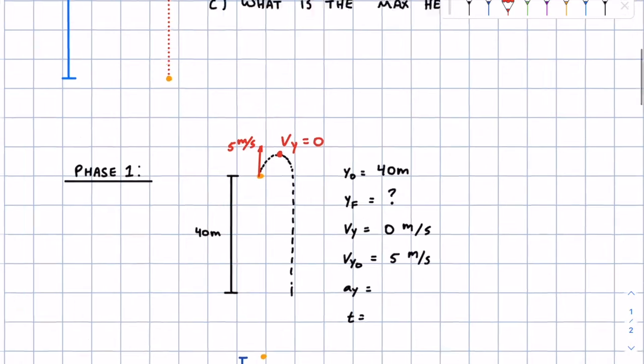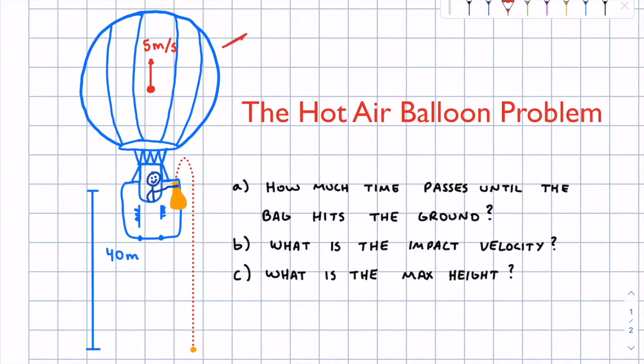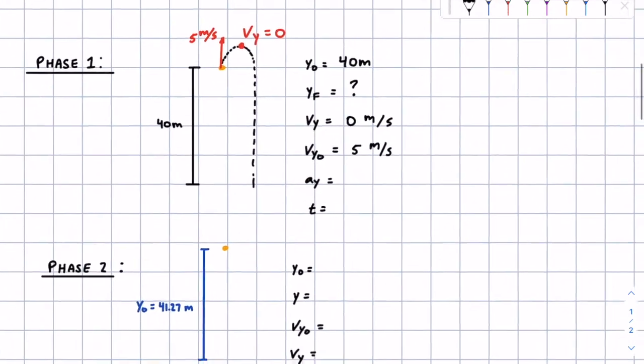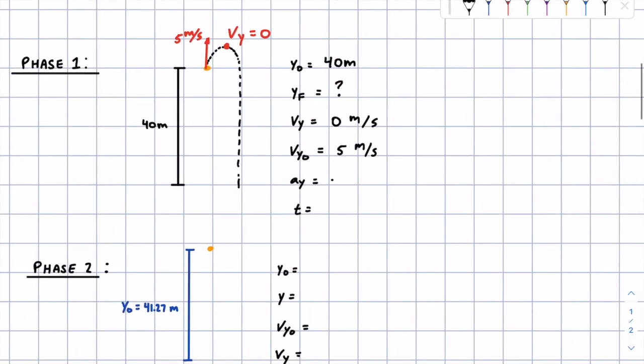That's the initial velocity of the hot air balloon. It's going up 5 meters a second, so the initial velocity of the sandbag is going to be up 5 meters a second right in here. And we know the acceleration due to gravity is negative 9.81 meters per second squared. And time, we don't know.